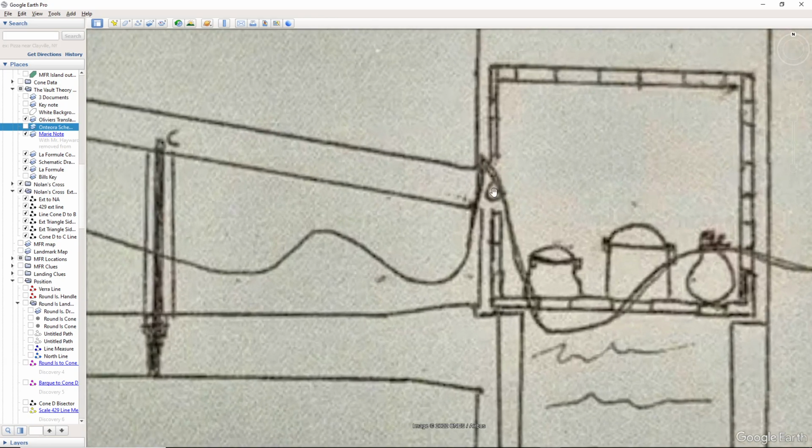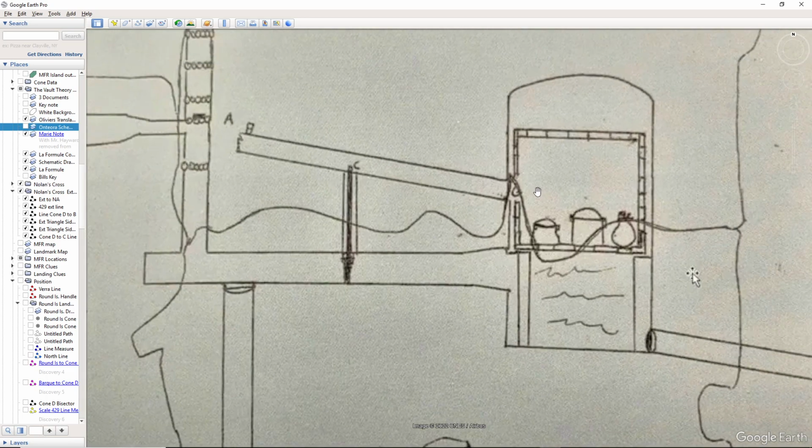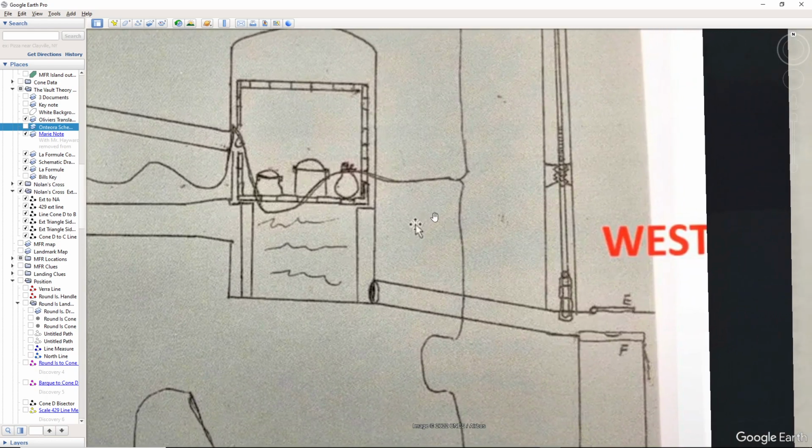But before you enter the vault, this box is floating. What you have to do is close the valve at La Hampe, and then you have to go over to the valve. The valve is on the Rochefoucauld map as La Soupape.